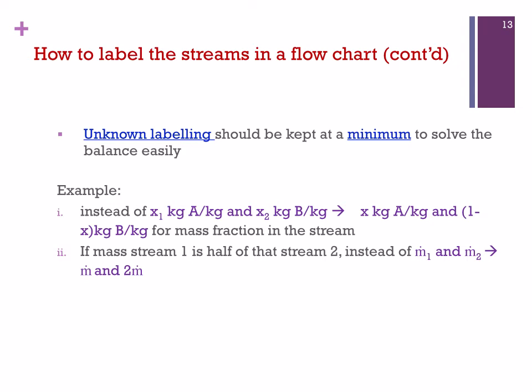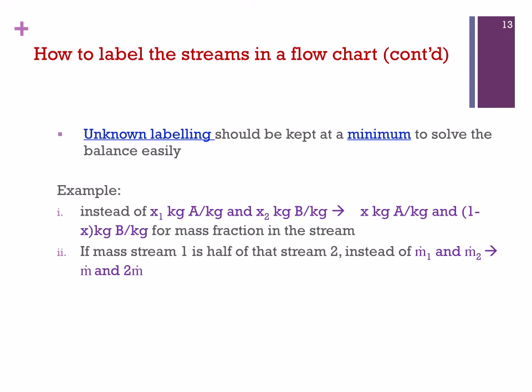So these are two examples. First, if you have a mass fraction, instead of putting x1 and x2, but knowing that x1 plus x2 equals 1, you can put x kilogram A per kilogram, and the other one is 1 minus x, similar to the example we had before. Another example, which is commonly done, is when the question says mass of stream 1 is half of stream 2.